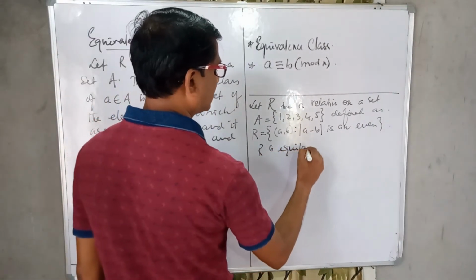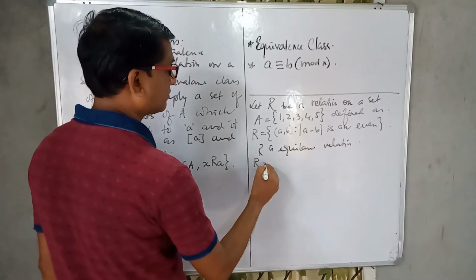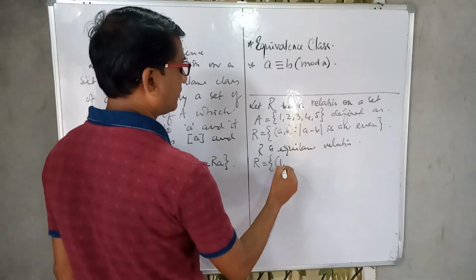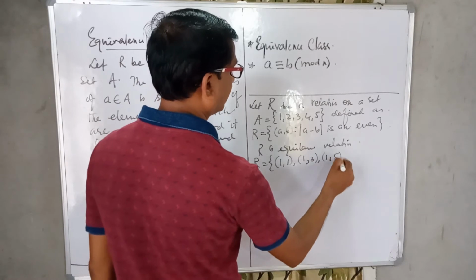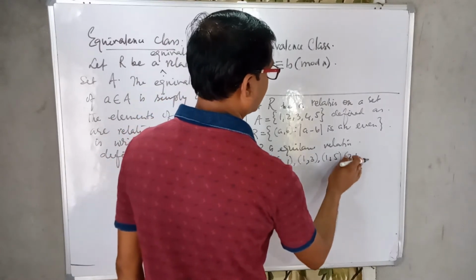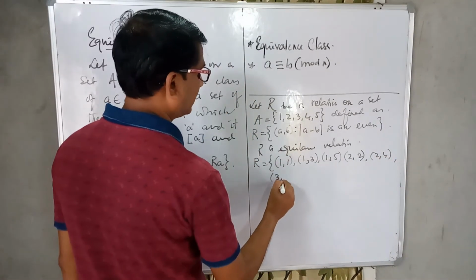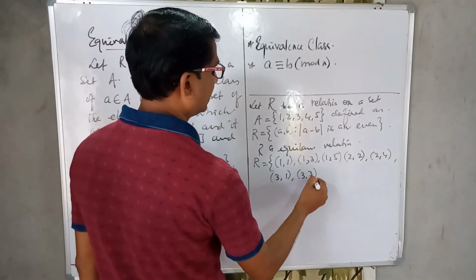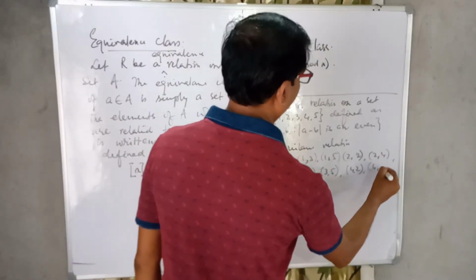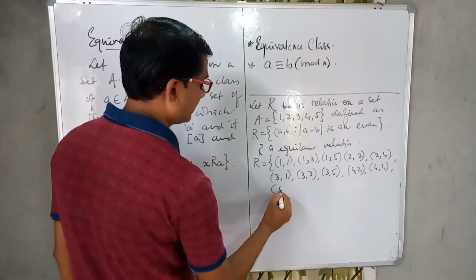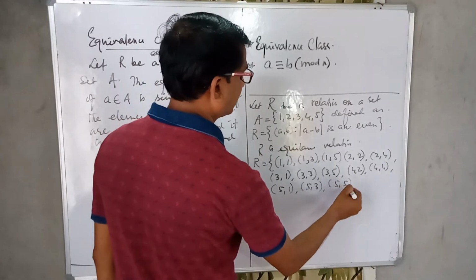If we write it in tabular form, the elements of R are (1,1), (1,3), (1,5), then (2,2), (2,4), then (3,1), (3,3), (3,5), then (4,2), (4,4), then (5,1), (5,3), (5,5).